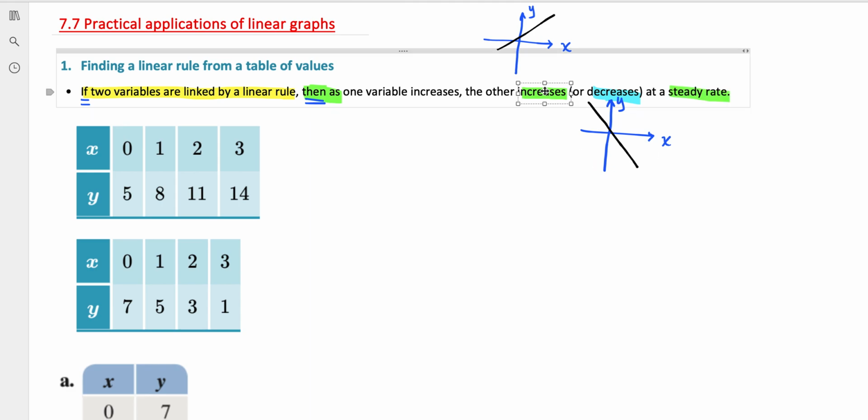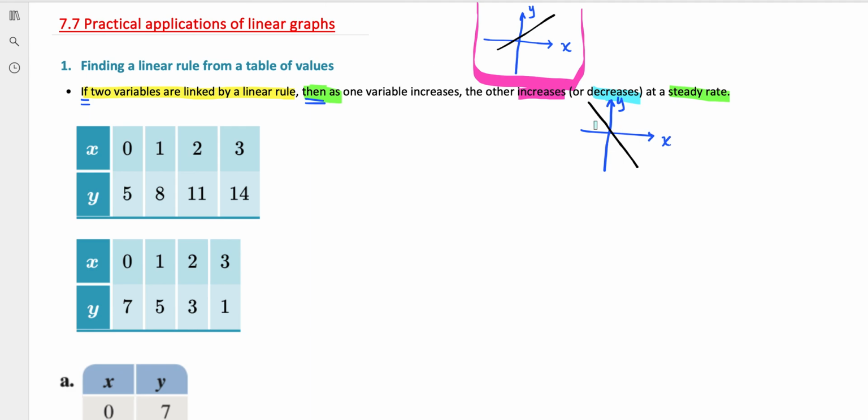I'm going to take this highlighted part and put it in pink, just to say that this is the part that is talking about pink and this is the part that is talking about blue. This statement is full of wisdom, but I want to break it down.